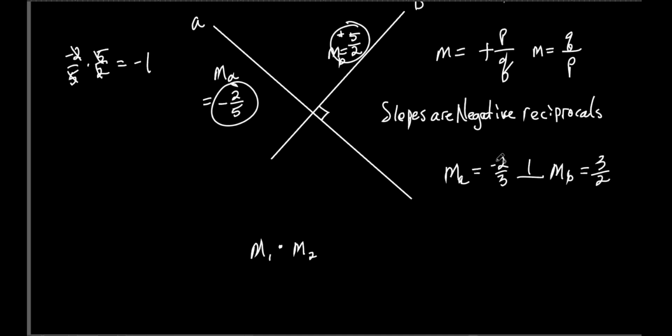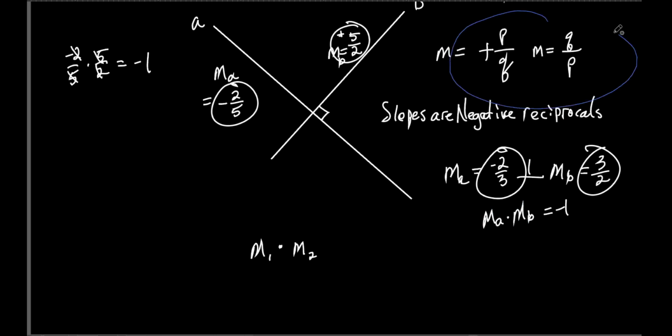All right. What about these two right here, this one and this one? What if I multiply those two slopes together? I still get what? Negative 1, when I multiply them together. So if I took the slope of A, multiplied it by the slope of B, I'll get negative 1. Do I only get negative 1 because I picked those certain numbers? No, anything.